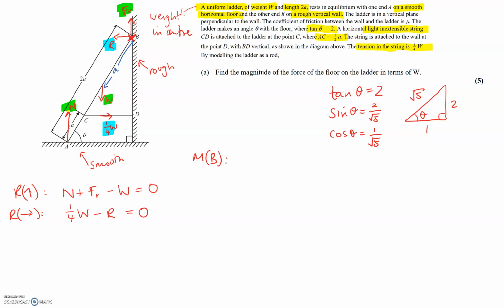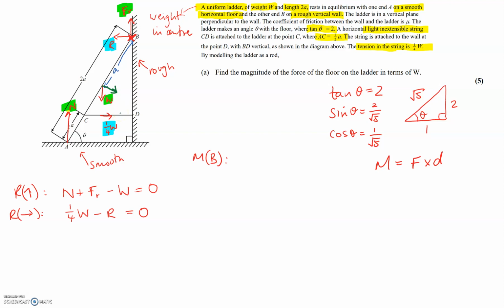Considering anything away from B, the first force I'm going to hit is W. Now this is the tricky bit. In order to take moments, we need to do force times perpendicular distance, or if it helps, you can do distance times perpendicular force. So I'm going to look at the perpendicular forces.